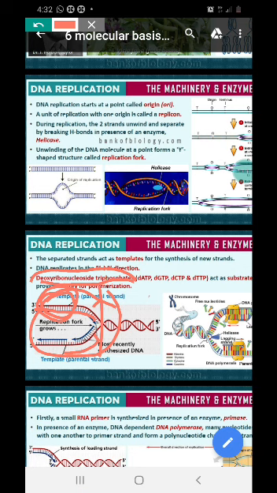The DNA polymerase, which helps to synthesize the polynucleotide chain. And the other one is the ligase, which helps to join the small fragments of DNA in the discontinuous strand. Clear, children? Ligase. These two you should know. Clear?